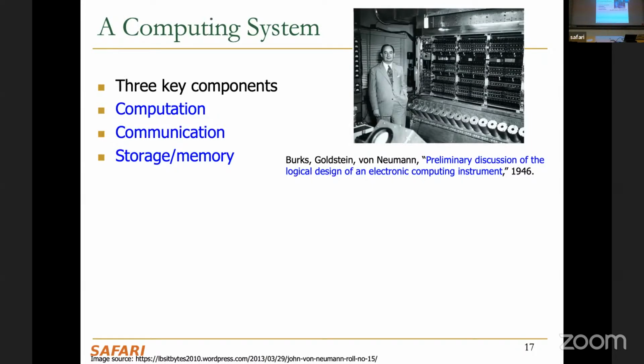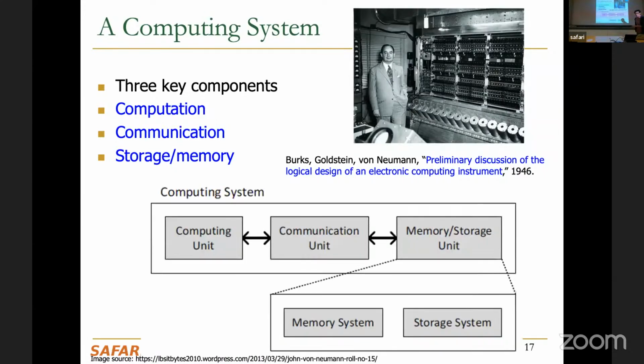Because they are the 3 key components of the computing system: the place where we do computation, the means that we use for communication, and the place where we store the data and the information. This is what John von Neumann and his collaborators defined back in 1946.